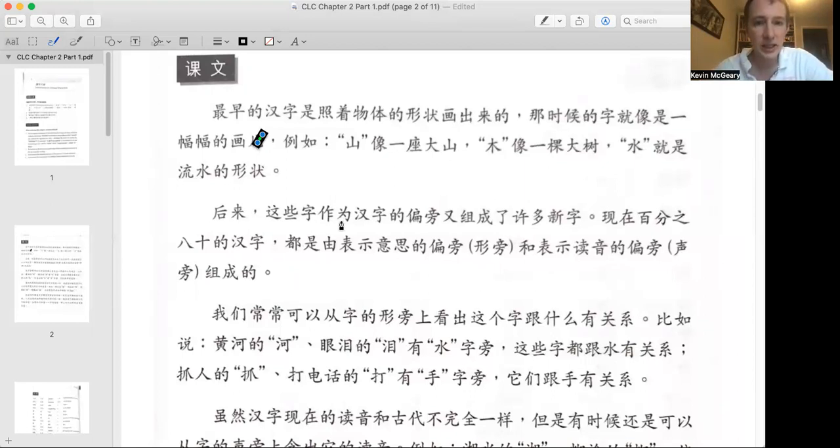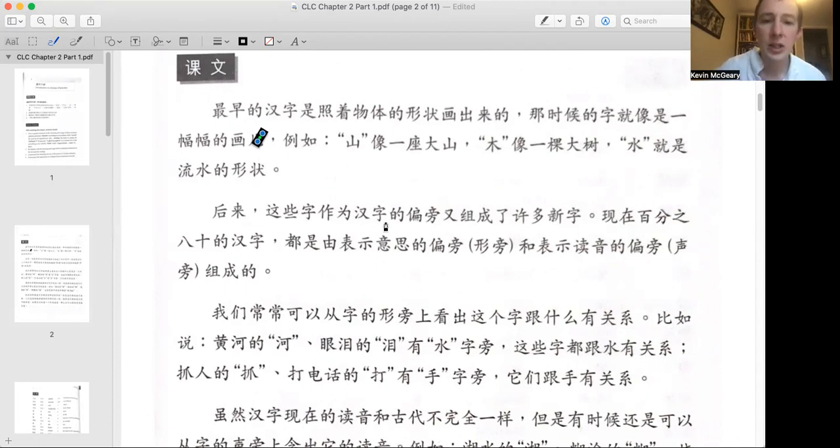后来这些字作为汉字的偏旁又组成了许多形字. So I'll just translate this as we go forward. So 最早的汉字是照着物体的形状画出来的. So the earliest Chinese characters were based on the shapes of the things they represented. 那时候的字就像一幅幅的画. At that time, the characters were like pictures, so it was a pictorial writing system originally. 例如, for example, a mountain is like a mountain, mu, a tree is like a tree, and shui, water, looks like water. 后来这些字作为汉字的偏旁又组成了许多形字.